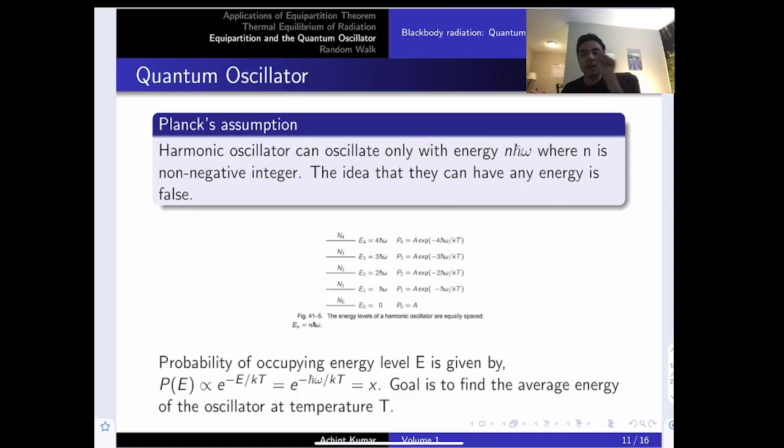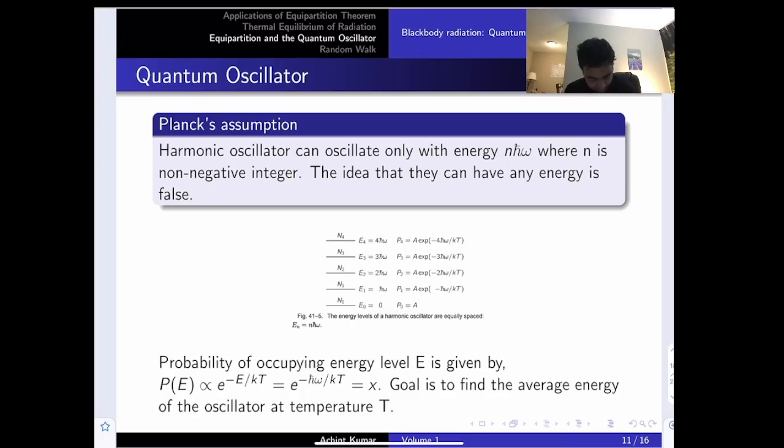So we have discretized the oscillation rate of the electron, and this, it turns out, would solve the problem, as we'll see shortly. So Planck assumed that the harmonic oscillator can oscillate only with energy n times h bar omega, where n is a non-negative integer. The idea that they can have any energy is false.